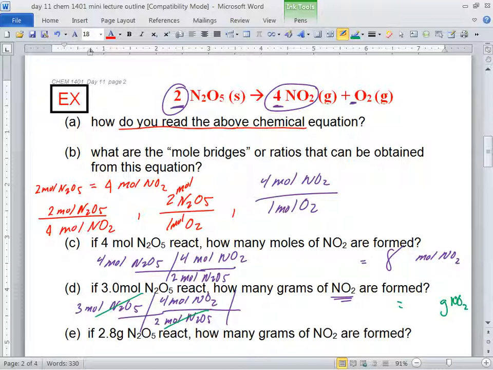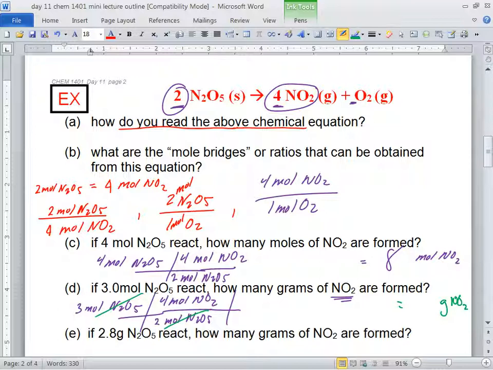So what could I do? What's the technical word, the technical jargon, since we're budding chemists here? Find the molar mass of NO2, right? Molar mass is what's used to convert grams to moles or moles to grams.